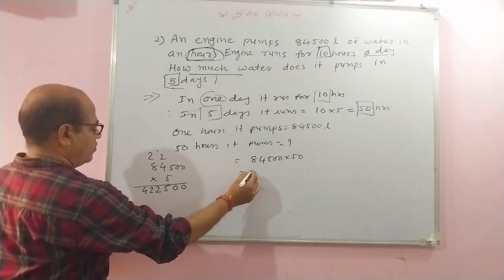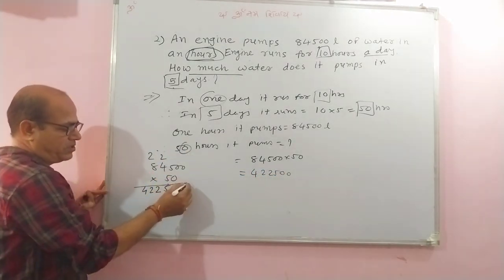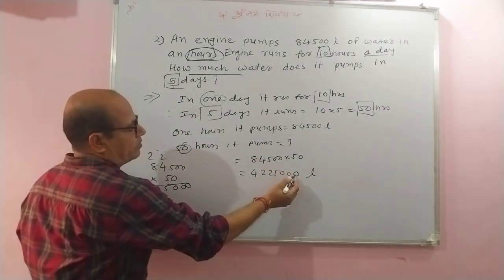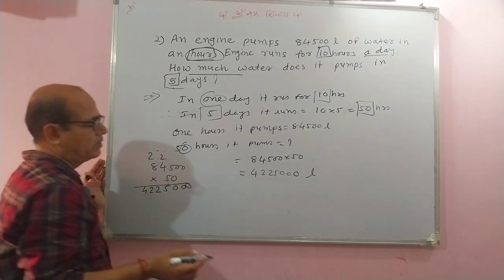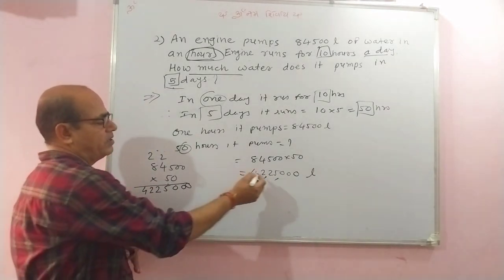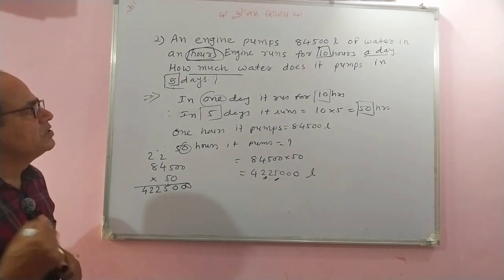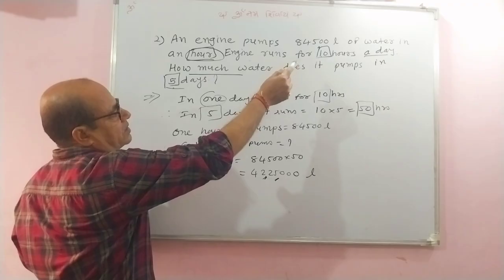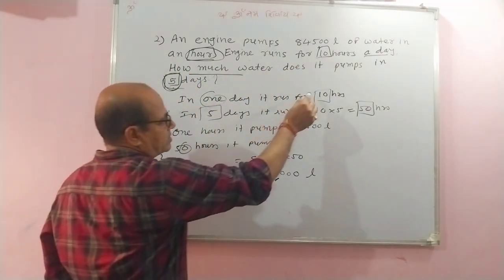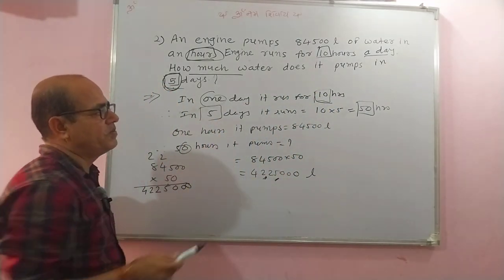So we get 422500, and since it was 50 we add the 0. So it will pump 42 lakh 25,000 liters of water. You have to be careful about how many hours it runs in a day and how many days. One day it runs for 10 hours, so 5 days is 50 hours.